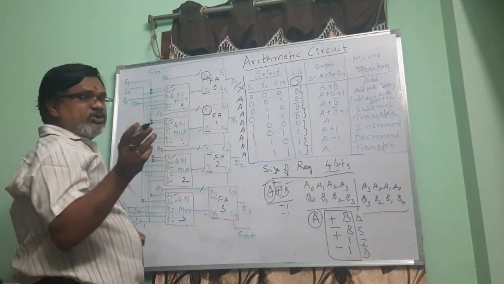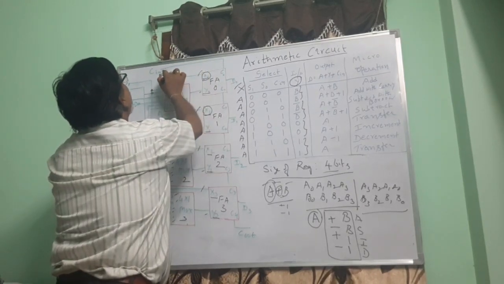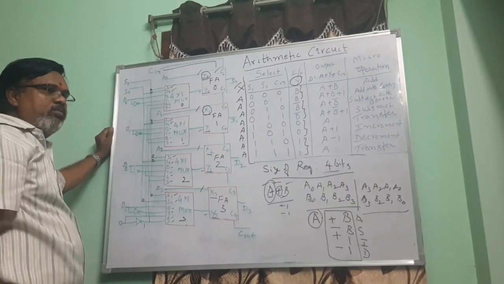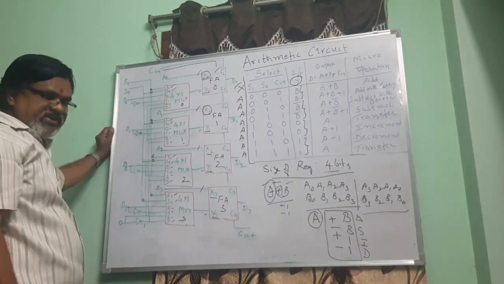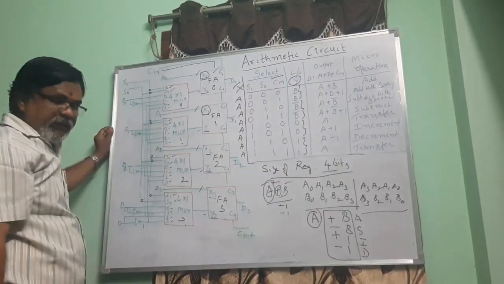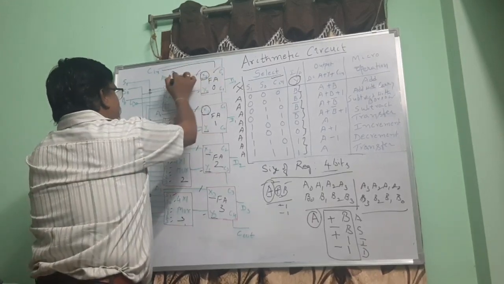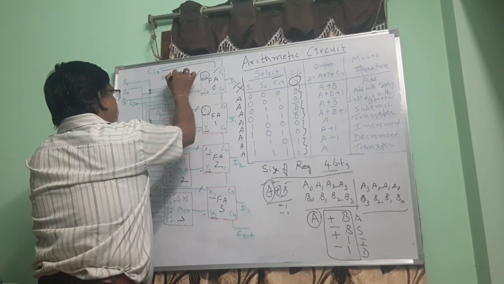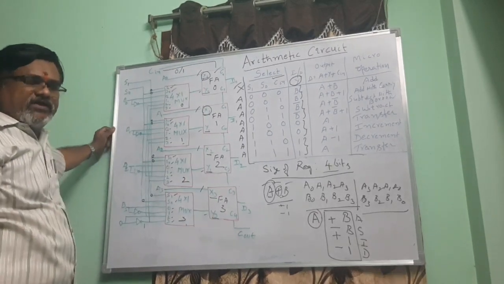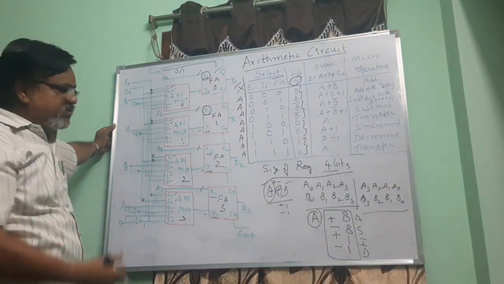And as I told you, the third input is C in. Initially C0 will be given from the external side. This is the third input for the full adder. The external C in can be given either 0 or 1, which will be supplied by the user of this circuit.